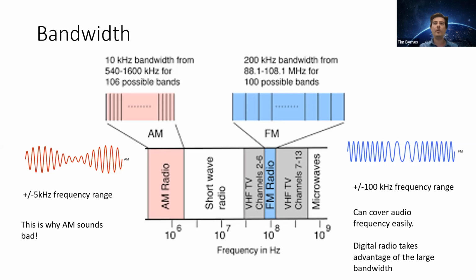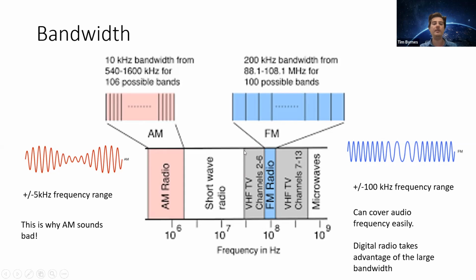And so if you add up all that, a large bandwidth basically means that you can transmit a lot of information. Generally speaking, in all these things, either AM, FM, or digital, you obviously transmit much more information if you're using much more of the electromagnetic spectrum bandwidth.